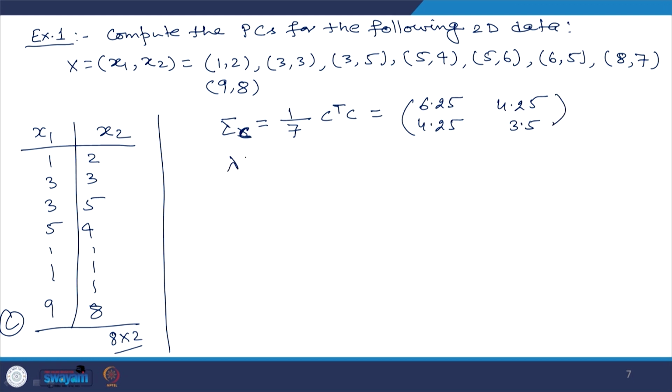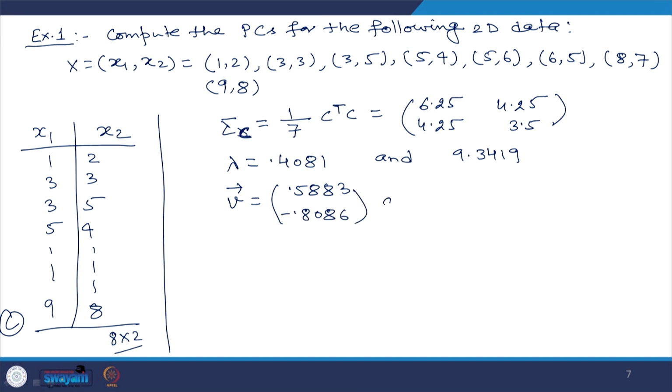Now, eigenvalue of this is lambda equals to 0.4081 and 9.3419. So, eigenvector corresponding to this eigenvalue, means 0.4081, is 0.5883 and for second one is 0.8086.